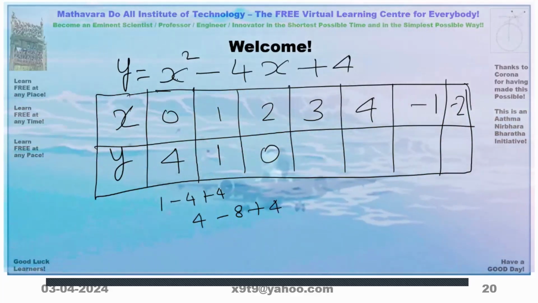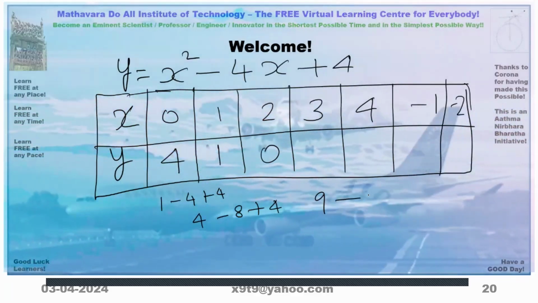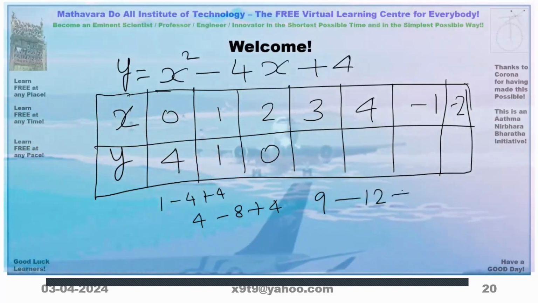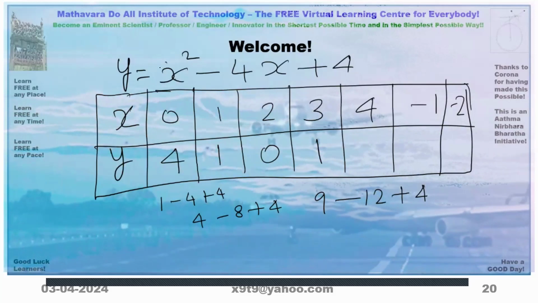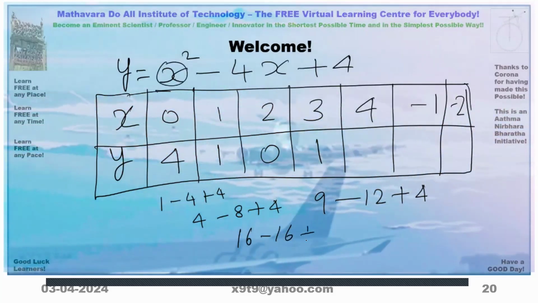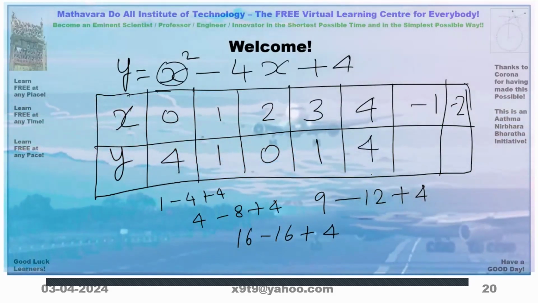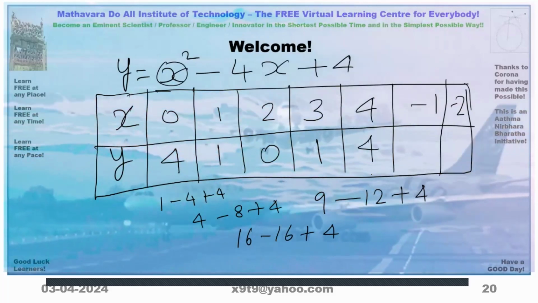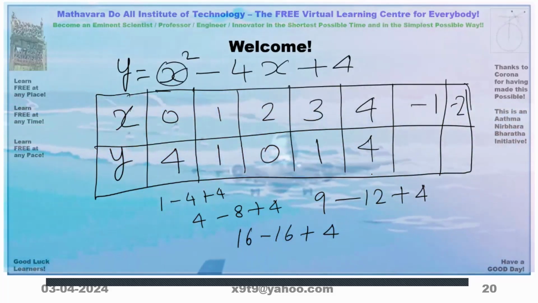If you put 3, 3 square is 9 minus 3 into 4, 12 plus 4. You will get 1. If you substitute 4 here, 16 minus 16 plus 4. You will get 4 here. So this is enough actually. This is not required for this particular problem, but you can calculate for any other values also.